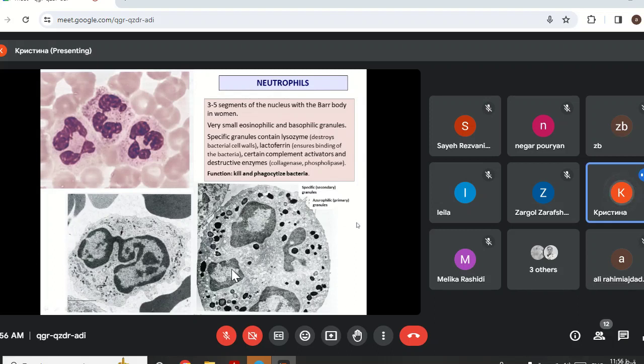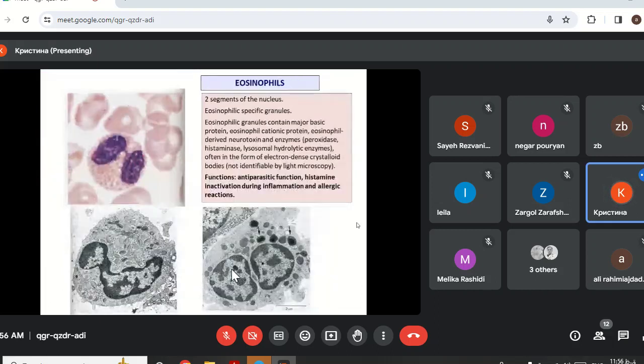And what else should I say? Both granulocytes and agranulocytes have the so-called non-specific granules. Non-specific granules are lysosomes. They all have lysosomes.